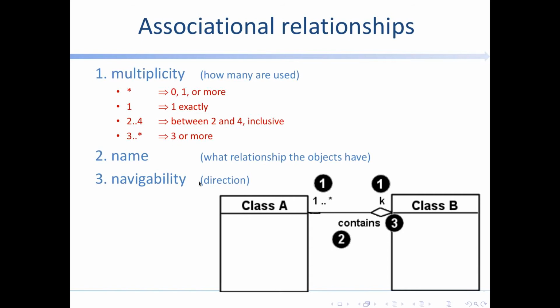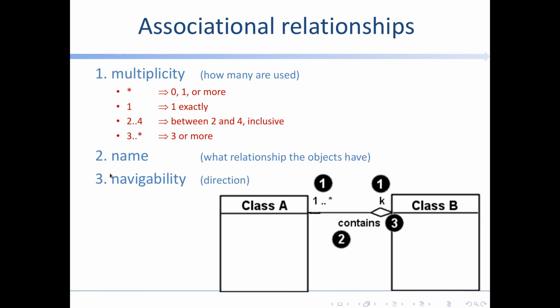The second thing, you can put a name in between these relationships. So there's a line, and you know that these classes somehow aggregate. There's some aggregation relationship in here. You can say what it is. So you can say class A contains class B, which means there's a class B in here somewhere.